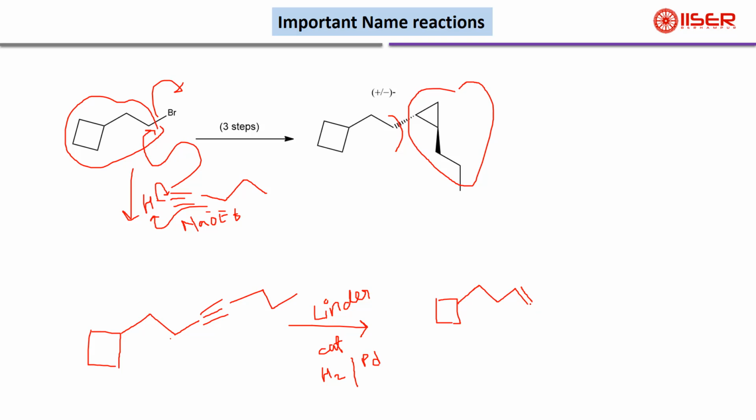Whereas if you add the Simmons-Smith reagent, it will form a cyclopropane and we'll get this as our product. Okay.